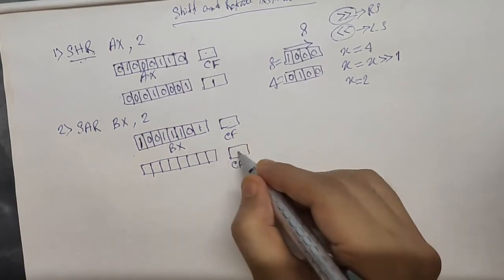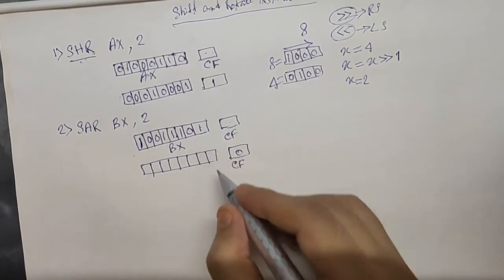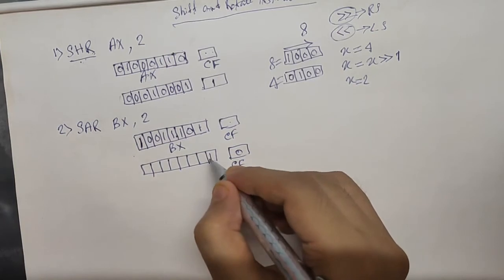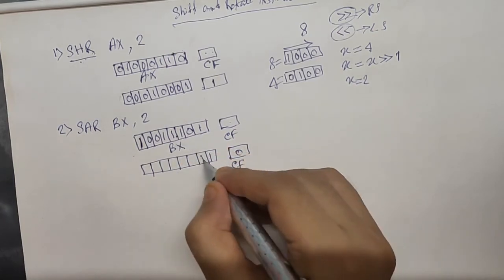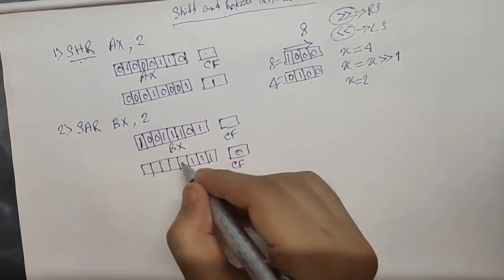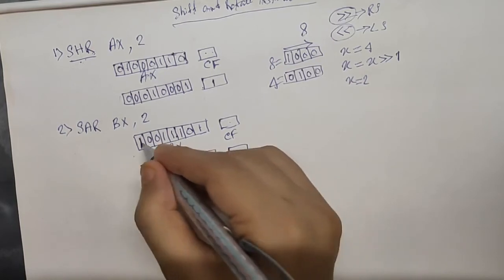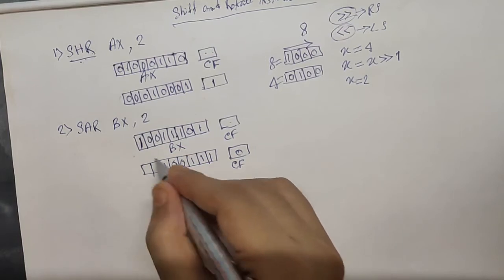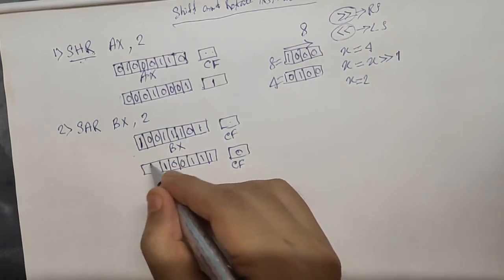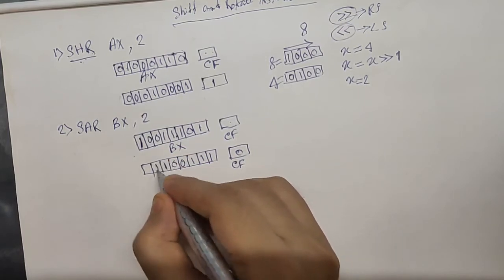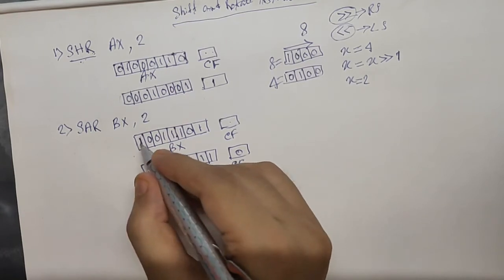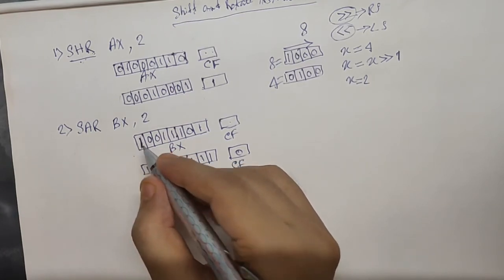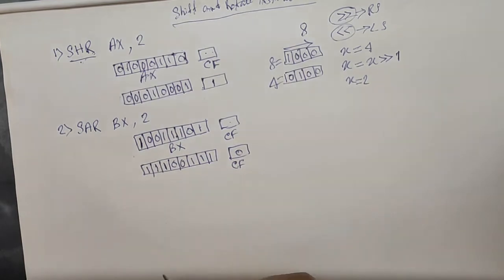So this 0 will come here, and this 1 will come here, this 1 will come here, this 1 will come here, this 0 will come here, this 0 will come here, this 1 will come here, and we need to fill this place. How will we fill it? We need to fill this with 1, because 1 is our most significant bit. If it is 0, then we fill this with 0.